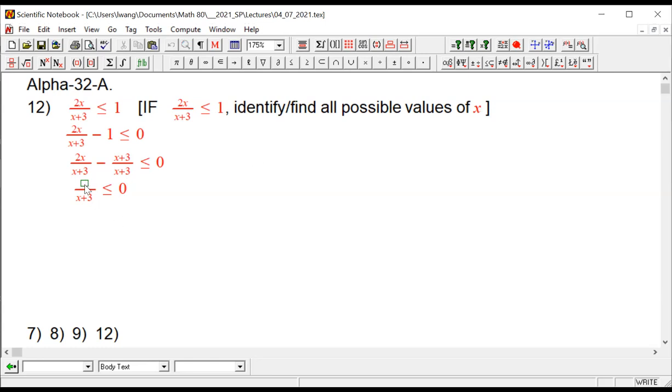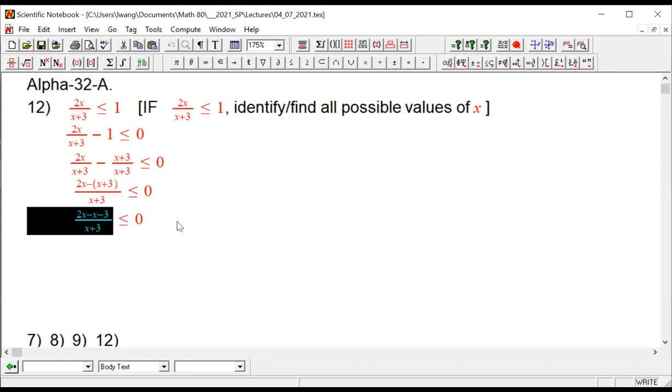So what do you get here? In the end, we get 2x minus x, that's x, so we get x minus 3 over x plus 3, and that's less than or equal to 0.